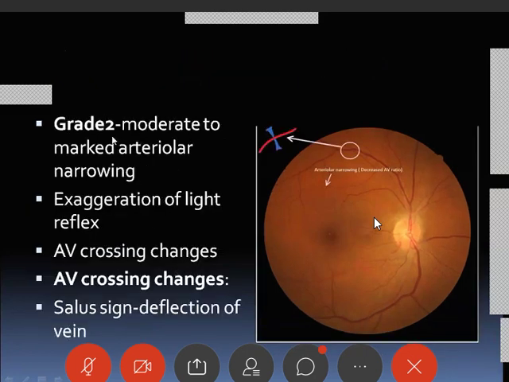In grade 2 hypertensive retinopathy, we see moderate to marked arteriolar narrowing with exaggeration of light reflex, and then we see the AV crossing changes. There are different AV crossing changes.